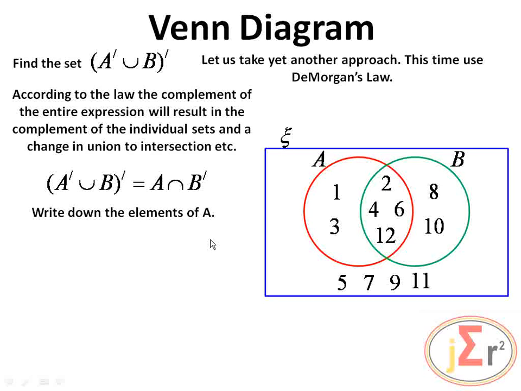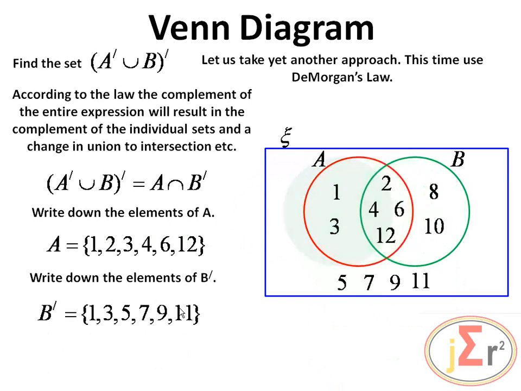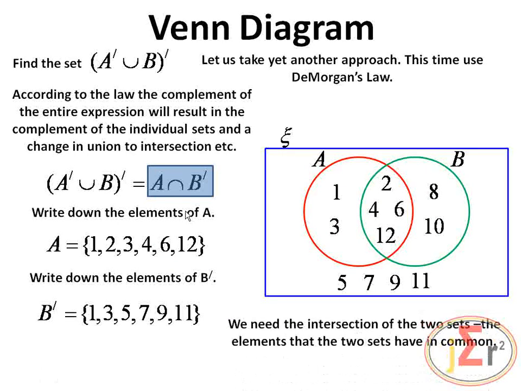So write down the elements of A, and then write down the elements of B complement. There we have them. What do we need? We need the intersection of A and B complement. So in here, we need the intersection of the two sets. That is, the elements that the two sets have in common.